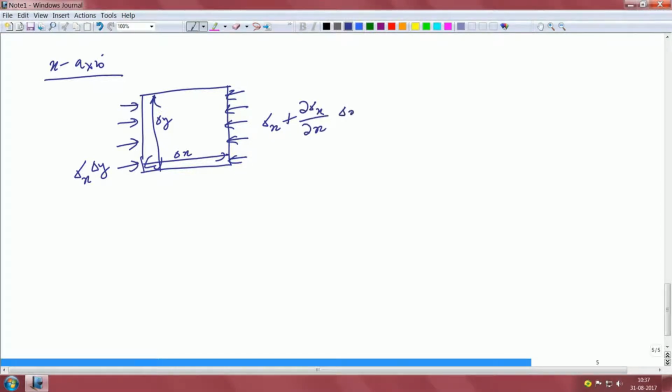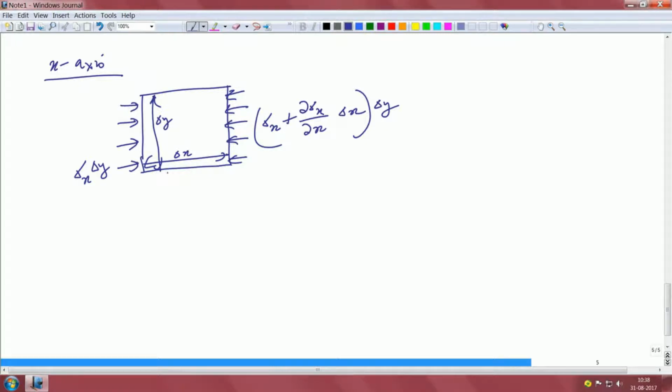Am I right? I am not going through the details, it will be once again sigma at x plus delta x. When you expand it, you will get this particular form, correct. So, the two faces in the x direction, these are the normal stresses.